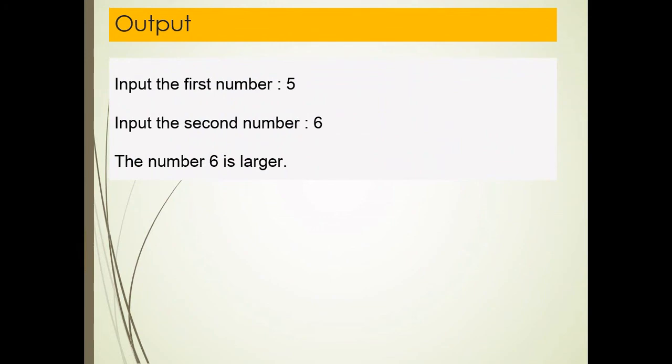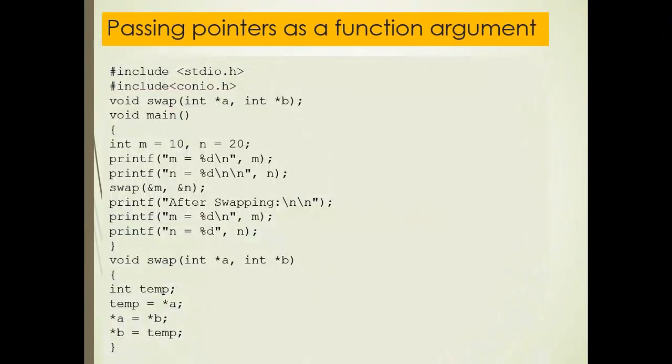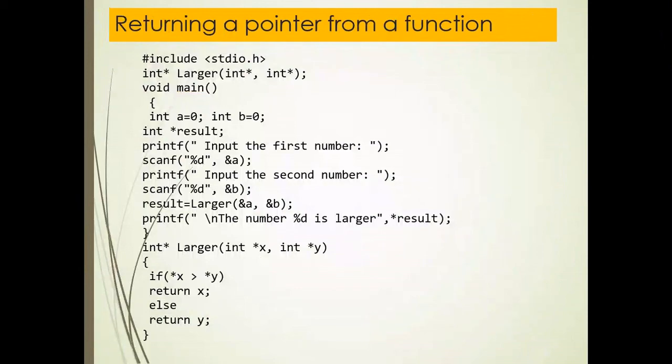I told you about pointers with functions, and the pointer to pointer concept I explained, and finally pointer to structure, how to create a structure variable as a pointer variable, how to assign values, and how to access the values, and then finally I explained passing pointers as function arguments, and returning a pointer from a function. So next lecture I will discuss some other concepts of pointers.